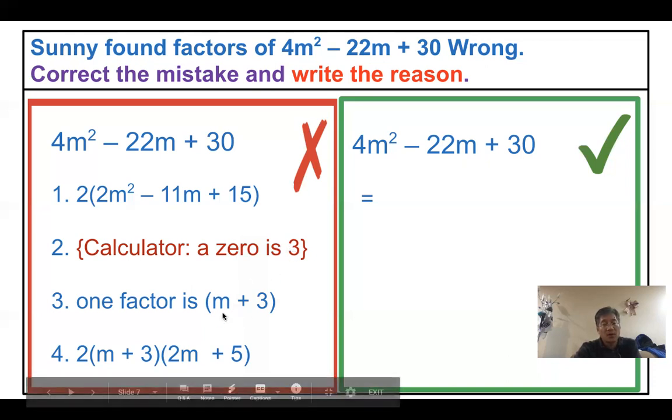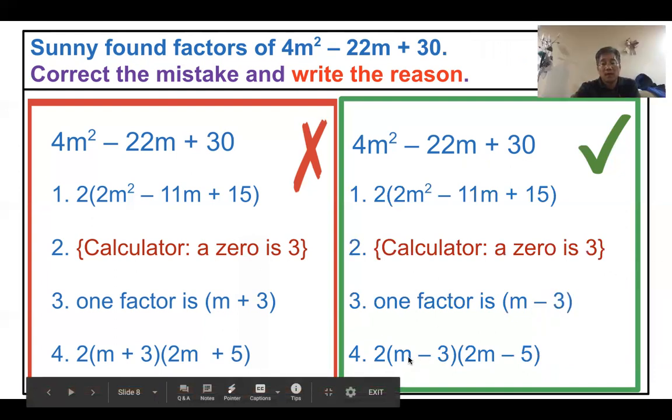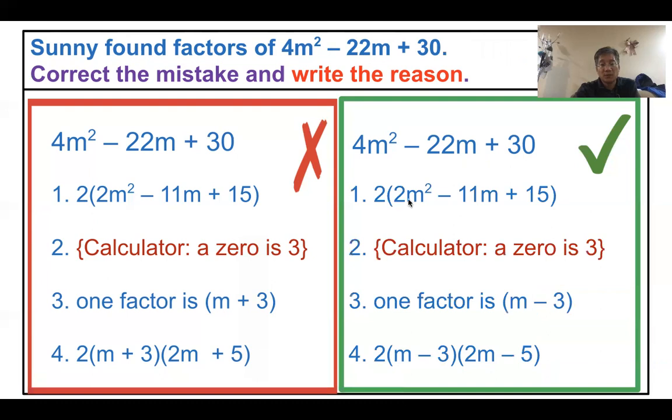So this is wrong. Then if you have m minus 3 here, how do you get the next one? M times 2m. Let's go with this one and then explain. M times 2m is 2m squared, right? There you find the 2m. How about the other number here?